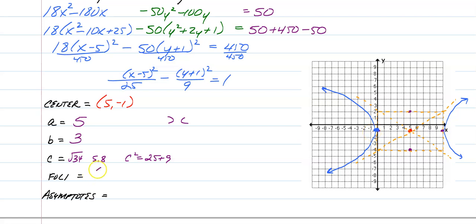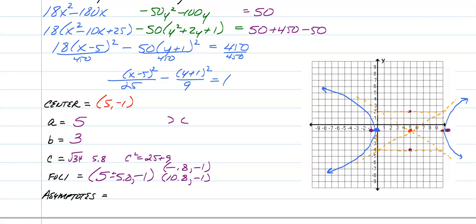So our foci are going to be at 5 plus or minus 5.8, comma, negative 1, which means you're going to have one at negative 0.8, comma, negative 1, and another one at 10.8, comma, negative 1. When you graph those, they're just outside of where you are.